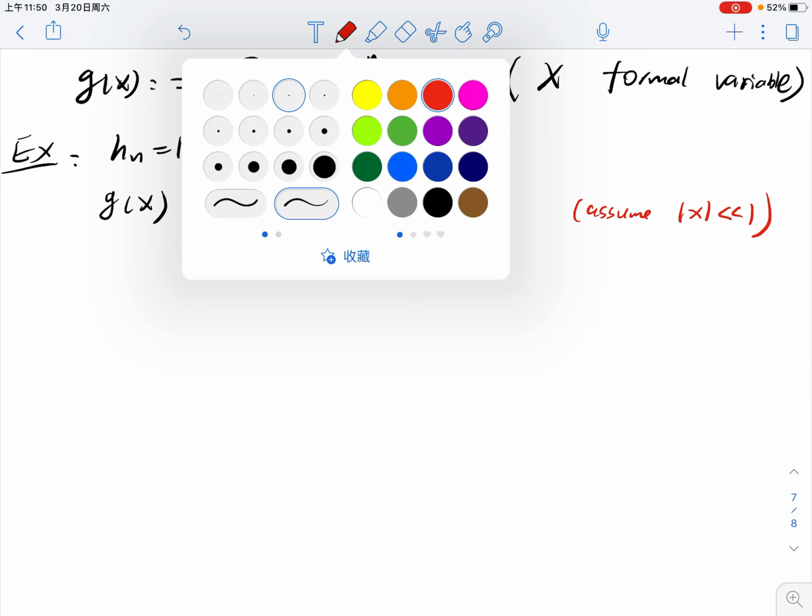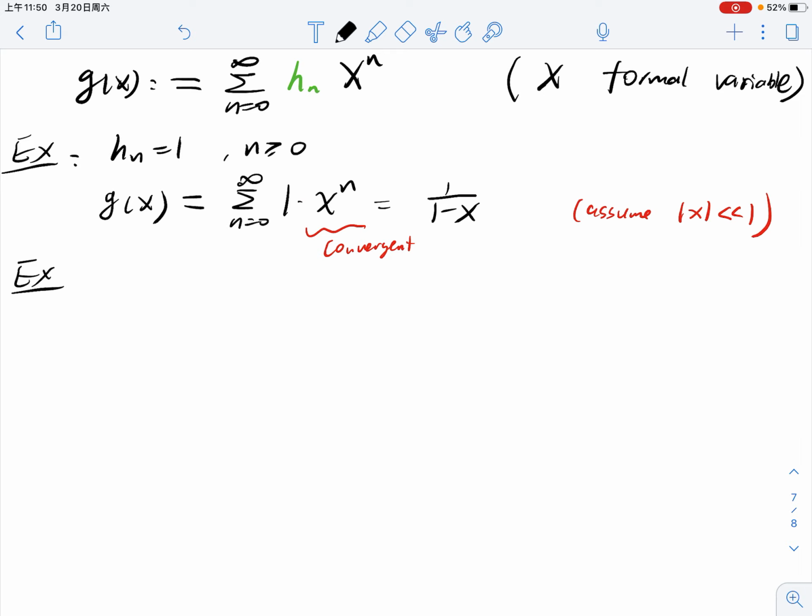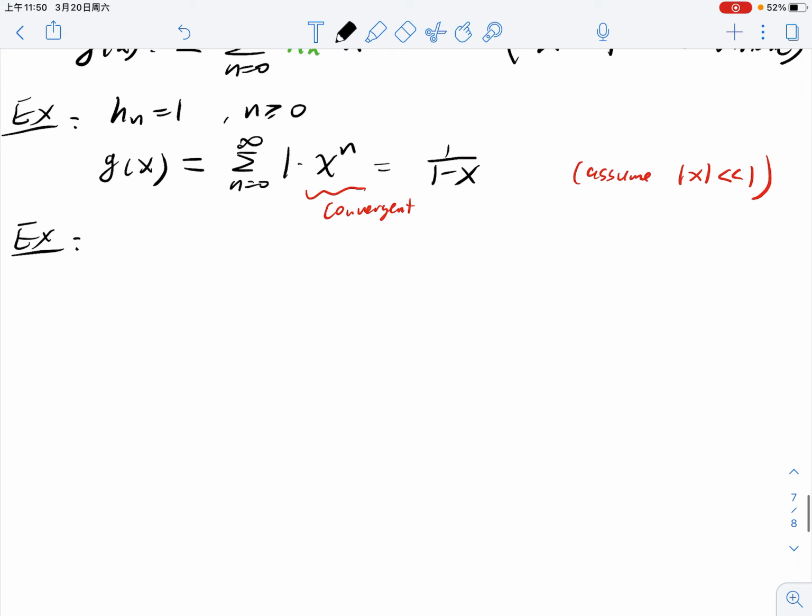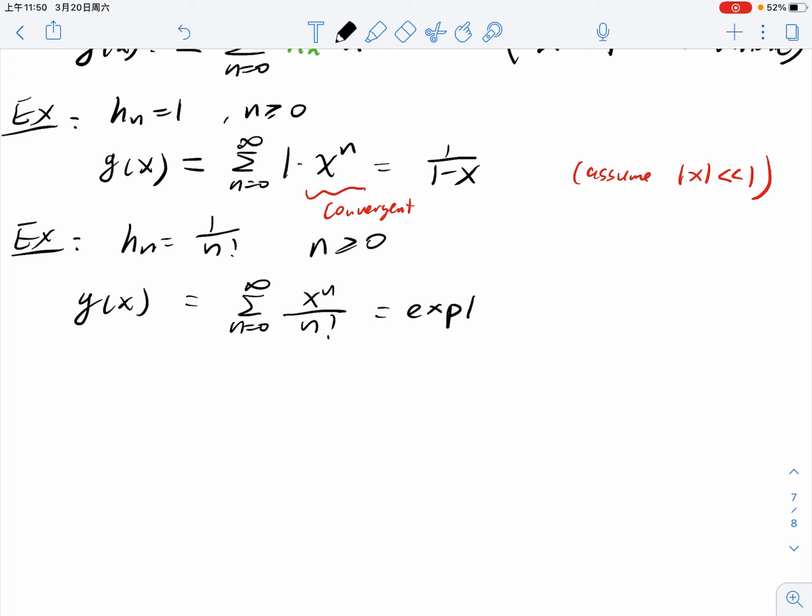Okay, second example is, suppose you have 1 over n factorial, then your function g(x) is x to nth power divided by n factorial. So this is exponential x.